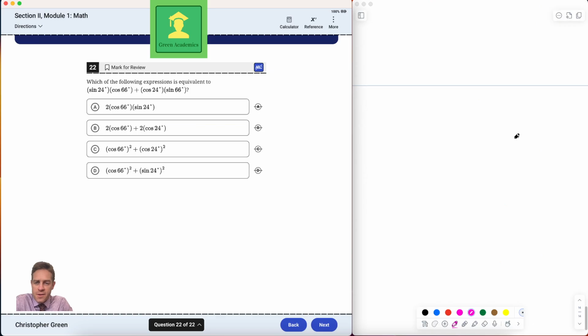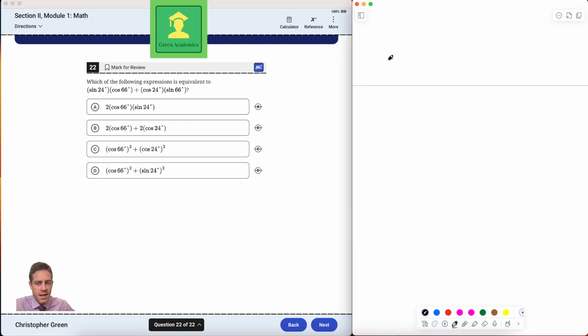Which of the following expressions is equivalent to this? I would just try these one at a time. As long as you're clear that you're in degree mode, you're probably better off just typing this into either Desmos or the calculator. So I'm literally typing it in: sine 24 cos 66 plus cos 24 sine 66. Be careful of parentheses, but in this case, you can copy it exactly how it's written.